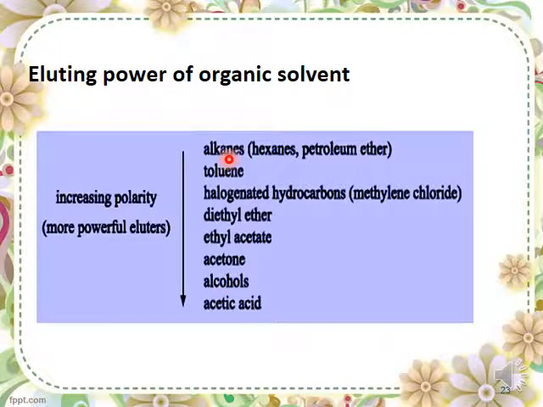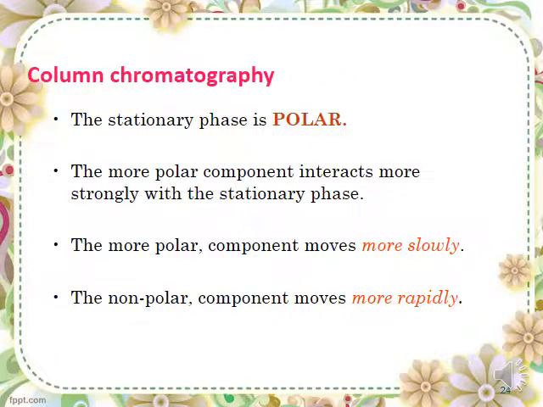So we use the non-polar solvent first to elute the non-polar component, and then we gradually increase the polarity of the solvent to elute the more polar component. The stationary phase is polar, so the more polar component will interact with the polar stationary phase.